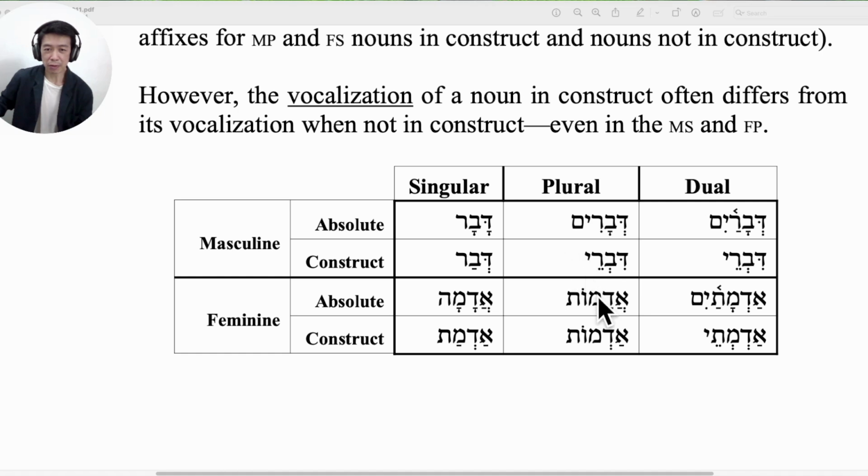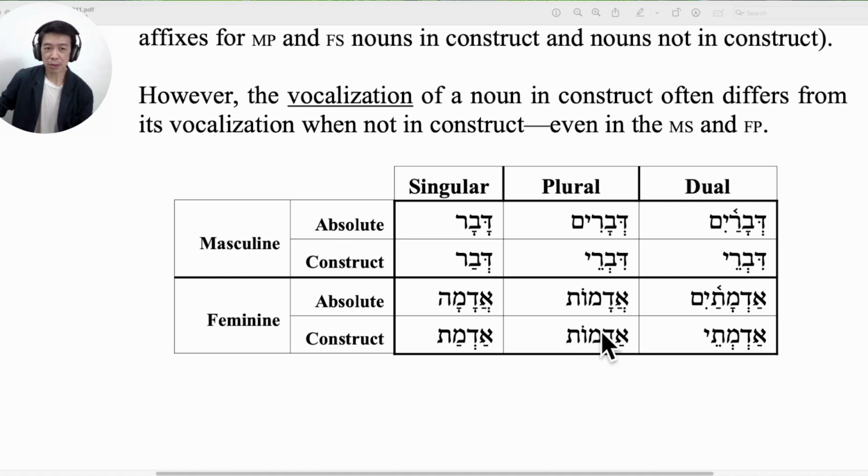In the feminine absolute plural, adama becomes adamot, and in construct form, it's admot.